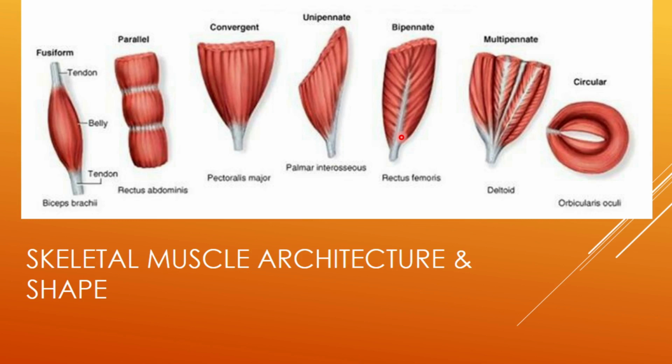And then you can also have a multipennate, where essentially you have lots of bipennate and unipennate muscles potentially coming together to converge on one tendon that will then attach to the bone. A really lovely example of a multipennate muscle is the deltoid that sits on your shoulder. If you put your hand on your shoulder, you essentially have your hand over your deltoid muscle.